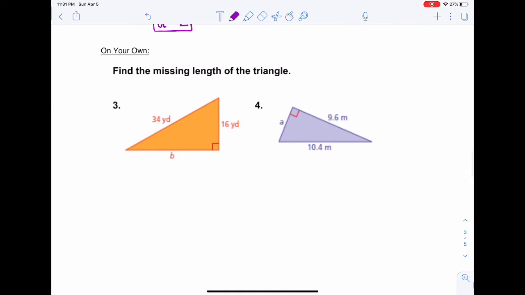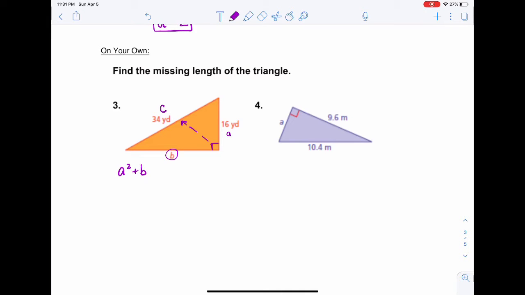So here, again, la primera cosa, voy a buscar ese 90 grados directamente enfrente o en el lado opuesto. I know I have my side C. Now, A y B son los otros dos lados. They're already telling you that this is side B, so this here has to be side A. Voy a empezar.